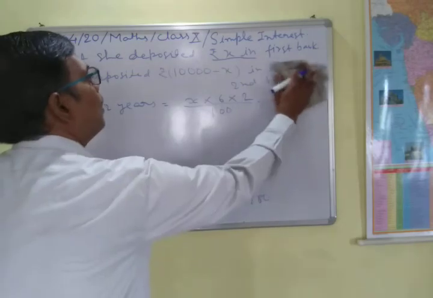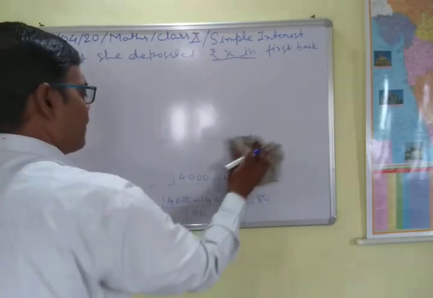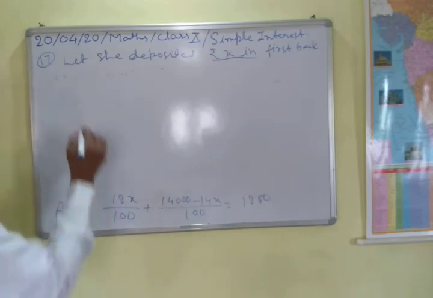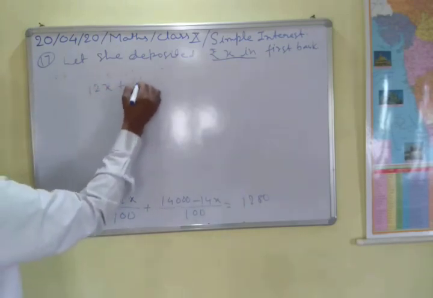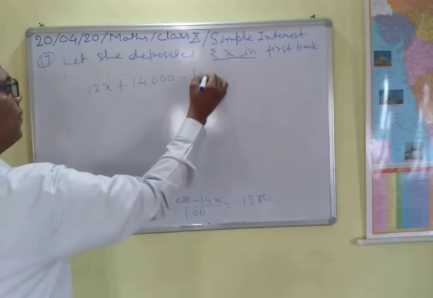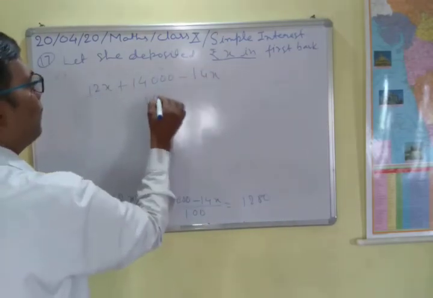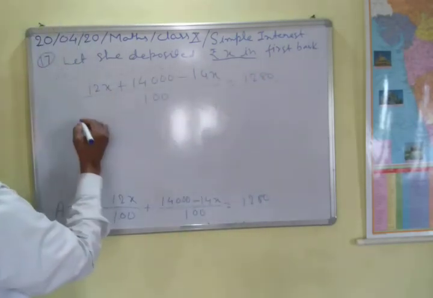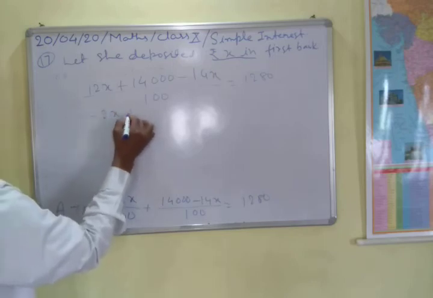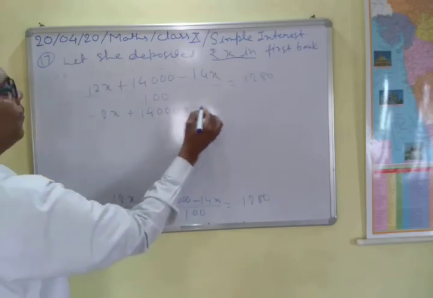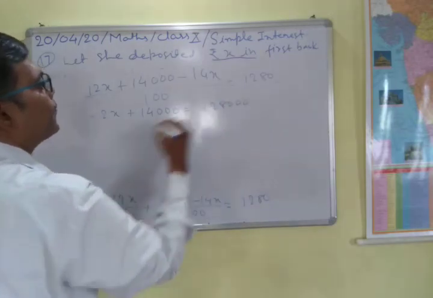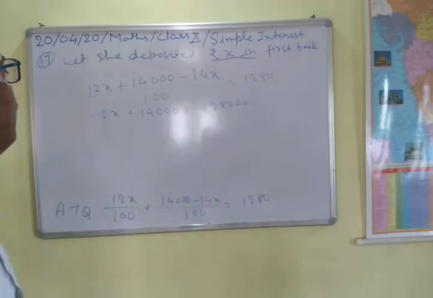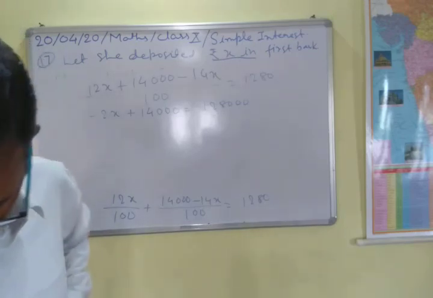So it will be here 12x minus 14x, so minus 2x. I think there is something wrong here.